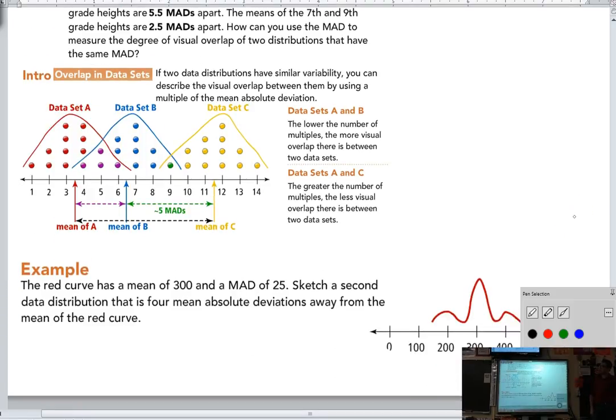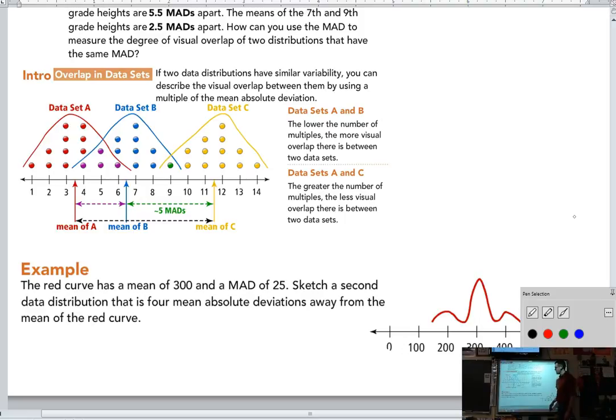So when we compare data sets A to B, or B to C, or A to C, well, let's look at A to B. That number line is showing you mean absolute deviations. It's not showing you heights or anything like that. It's showing you mean absolute deviations.